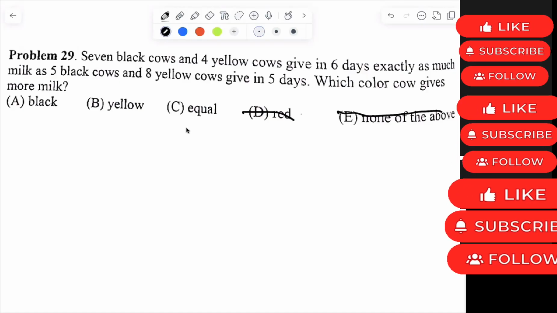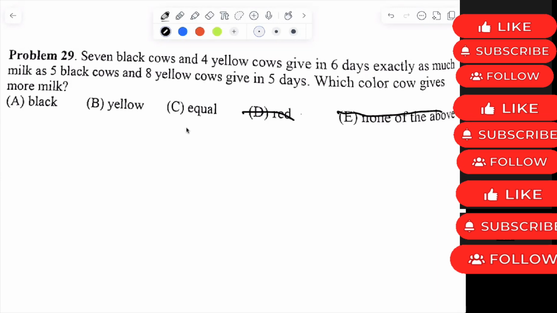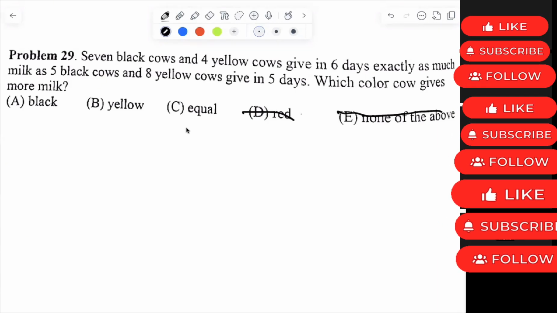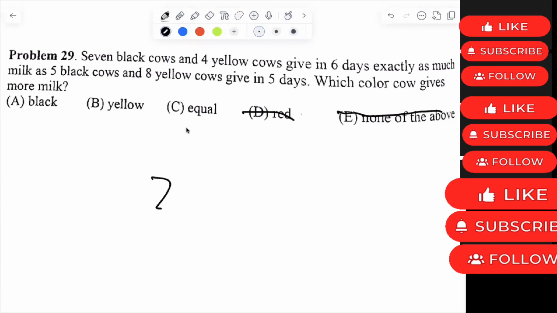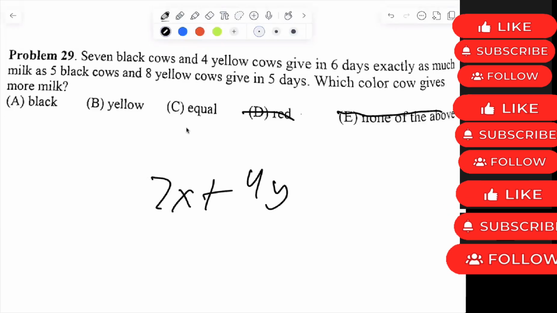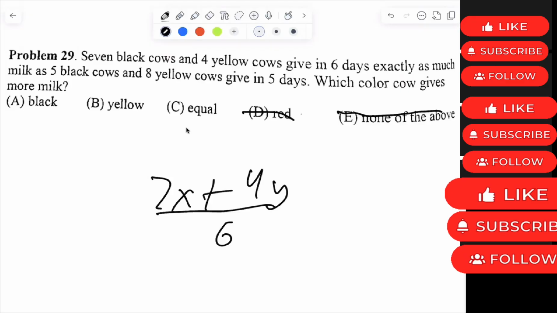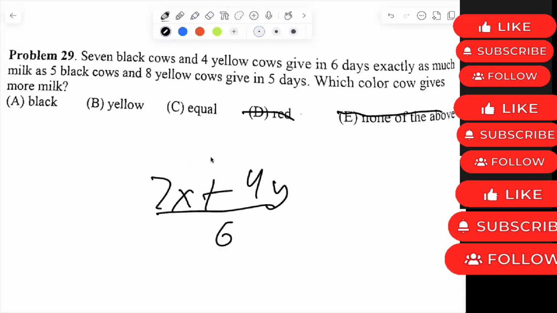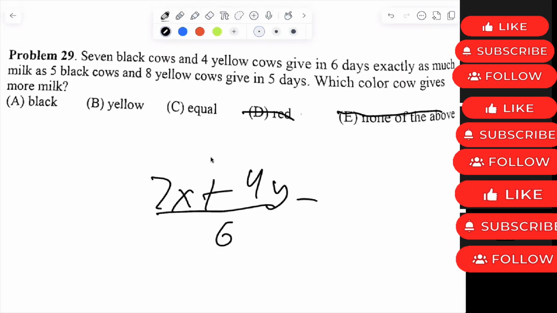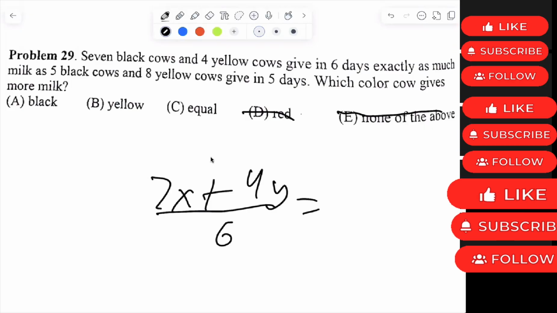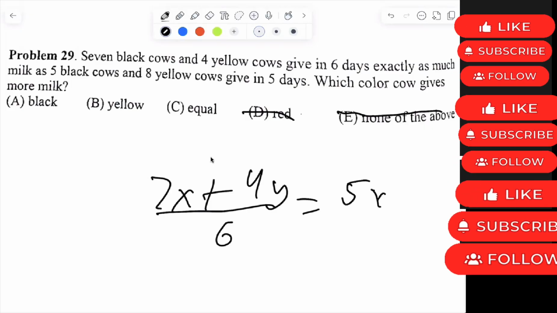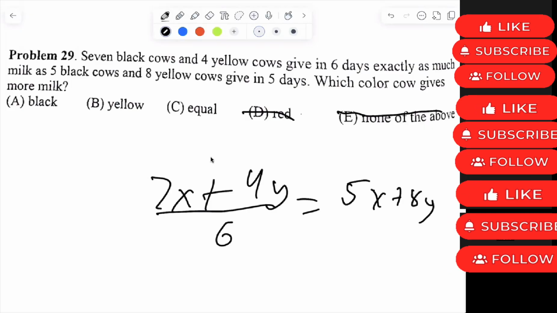Say black cows is X and yellow cows is Y. That'll be 7X plus 4Y divided by 6 gives exactly as much as 5 black cows and 8 yellow cows, 5X plus 8Y, in 5 days.